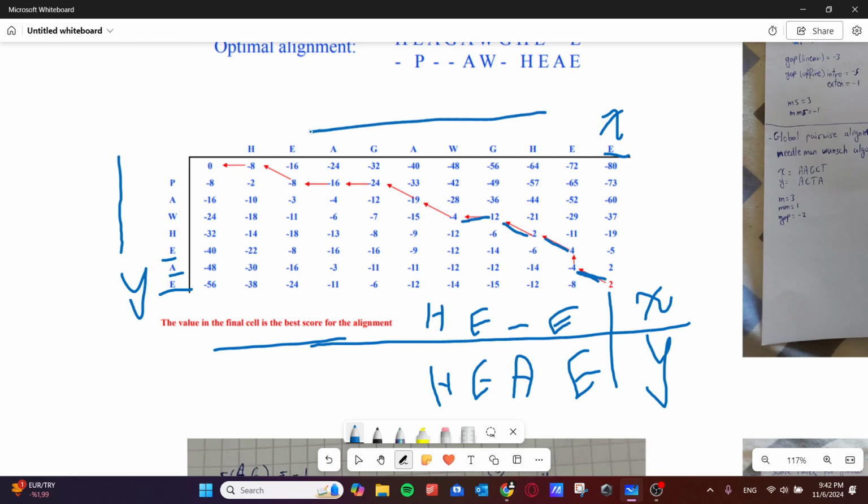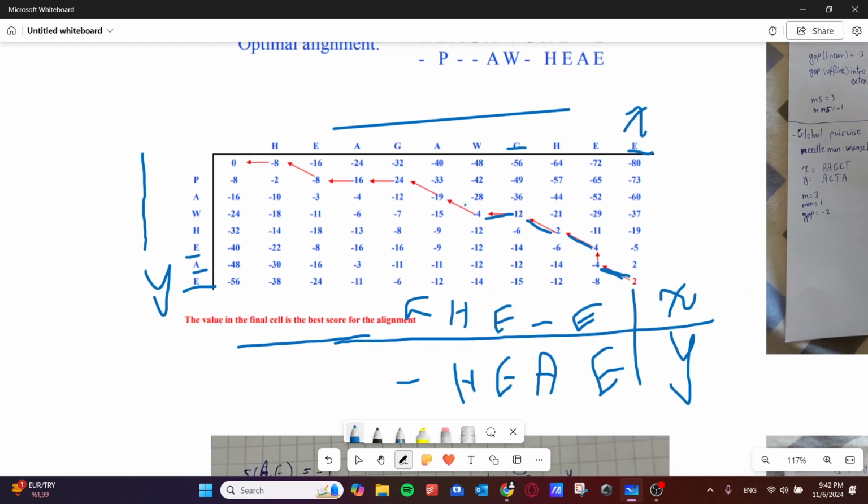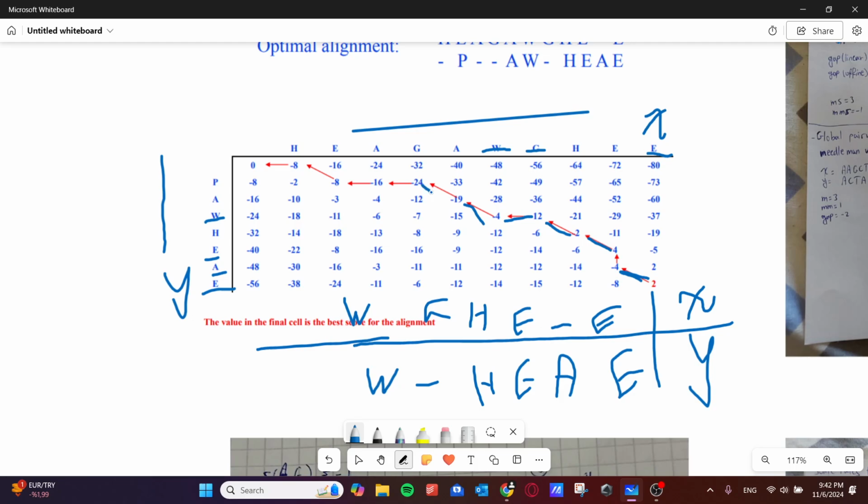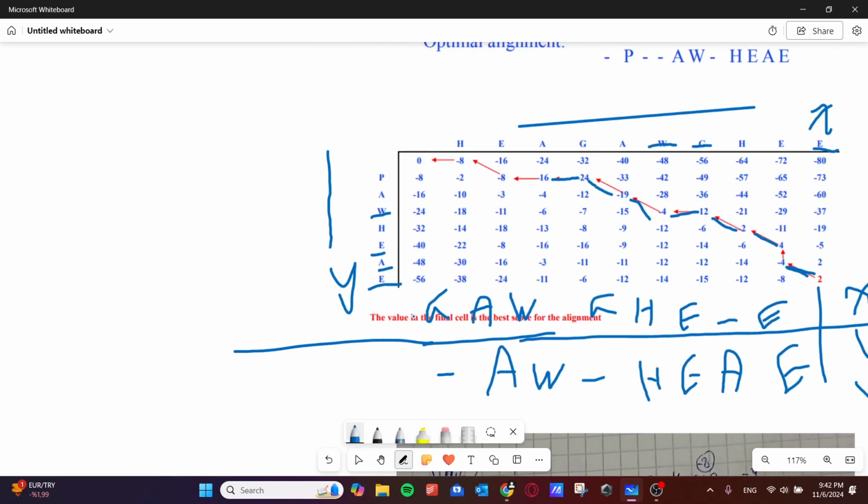Here it's horizontal, which is parallel to the X. So we take an X, which is G, and we let the Y empty. Diagonal, we take W and W, then diagonal A and A, horizontal, which is parallel to the X. We take G, we let Y be empty.